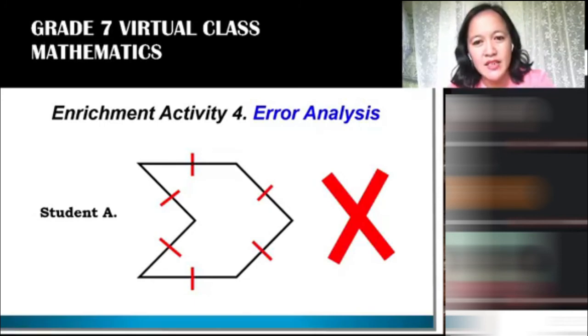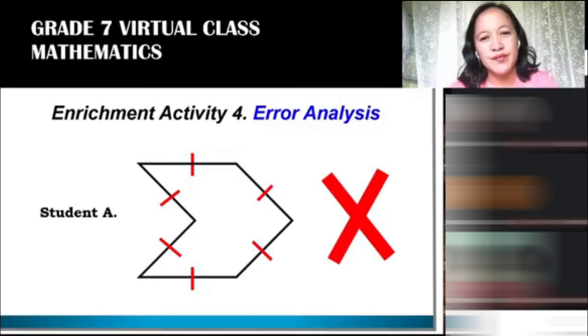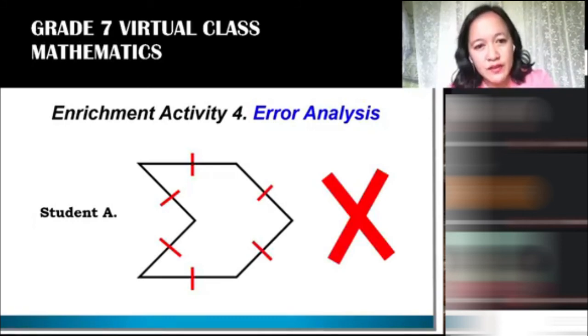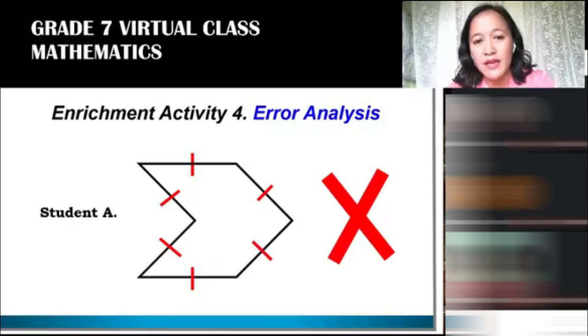Bakit kaya? Saan kaya siya dito nagkamali? Concave. So, sabi natin, kapag concave, dapat, kapag nag-drawing ng circle, yung kanyang mga vertices ay on the circle. So, dahil siya ay concave at hindi convex, okay.